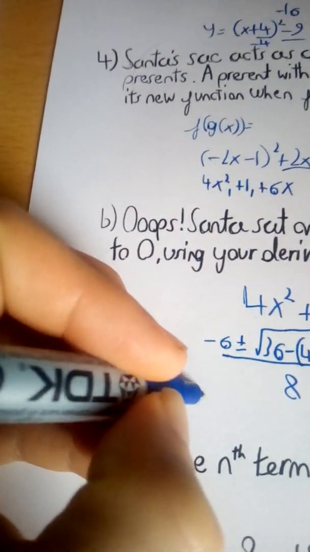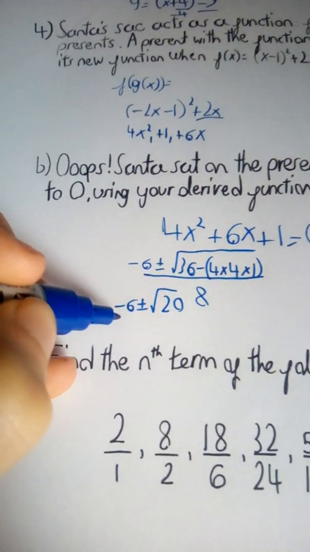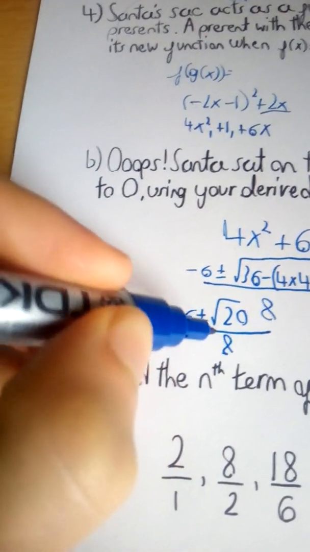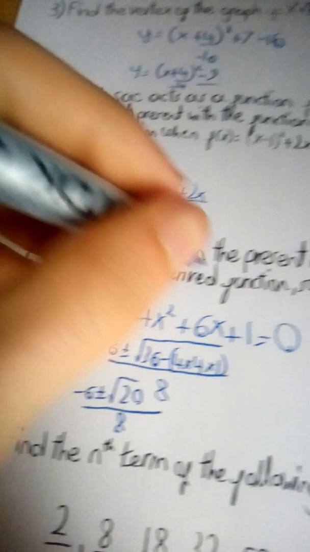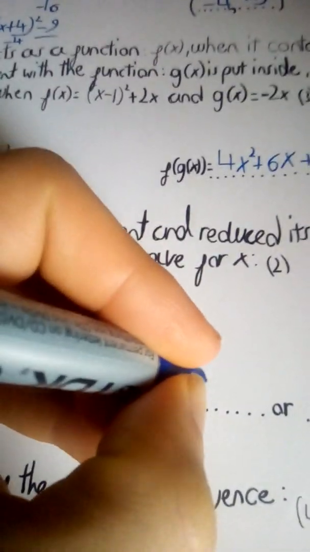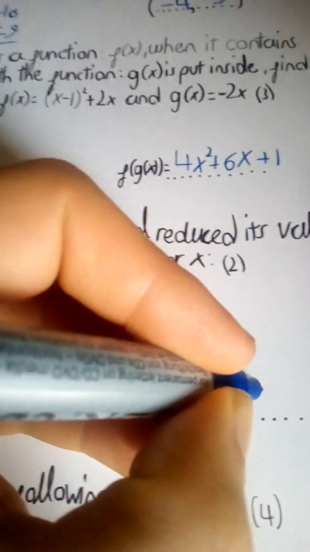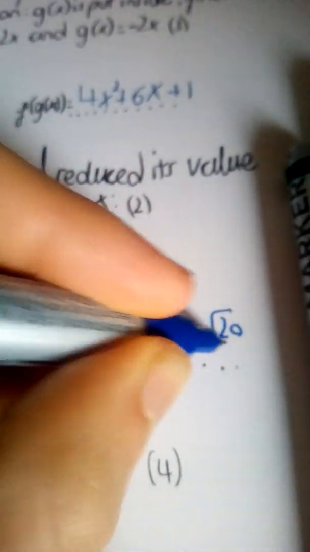So we're going to get minus 6 plus or minus root 20 all over 8. And I'm actually just going to leave it as my answer, so we can say that x is minus 6 plus root 20 over 8, or minus 6 take root 20 over 8.